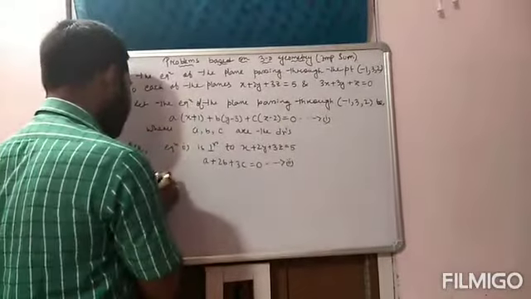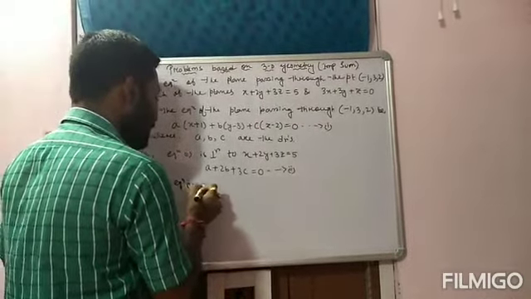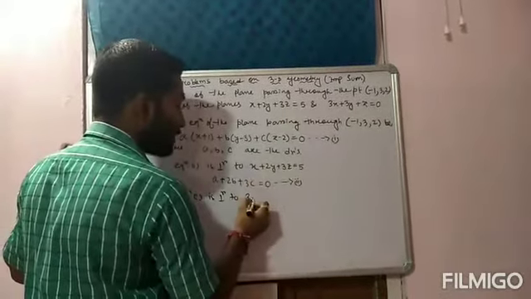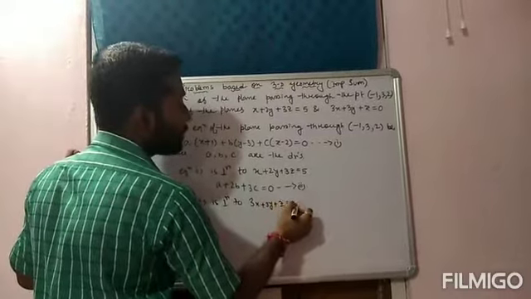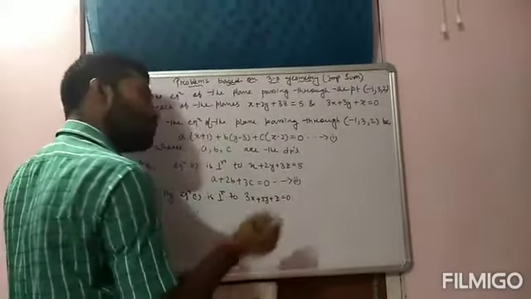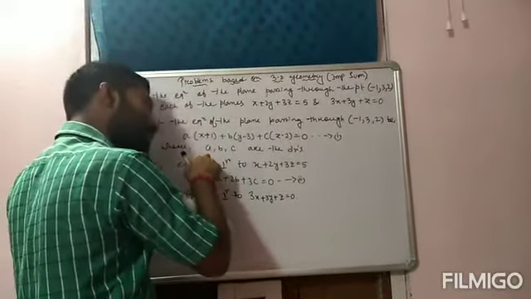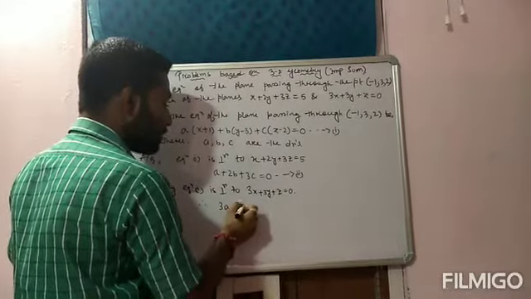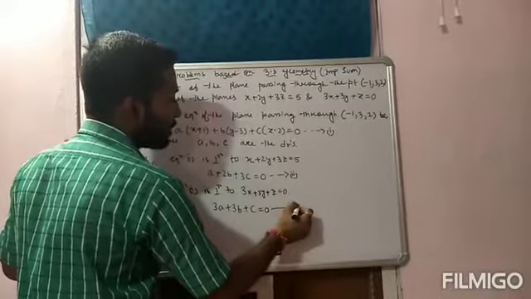Similarly, equation 1 is perpendicular to the second plane also, that is 3x plus 3y plus z equal to 0. Therefore, here also we can use the same condition, a1 into a2. a1 is here a only, a into 3, that is 3a plus 3b plus c is equal to 0. This is, say, equation number 3.